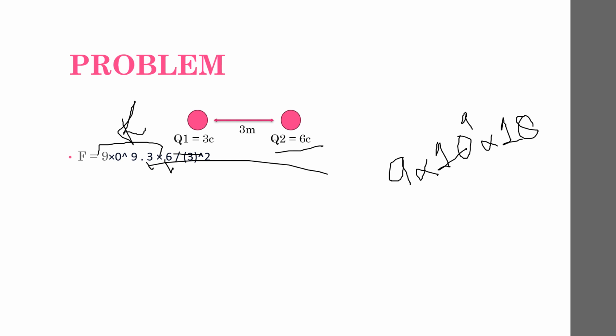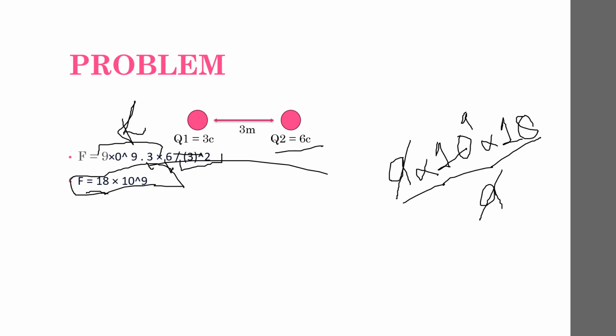Here we always use the distance squared, so the square of 3 is 9. This 9 would cancel with the other 9, and the answer would be 18 times 10 raised to power 9. This is how we can solve the problem of Coulomb's law very easily and fluently. This is all about today's lecture, and thank you so much for watching this video.